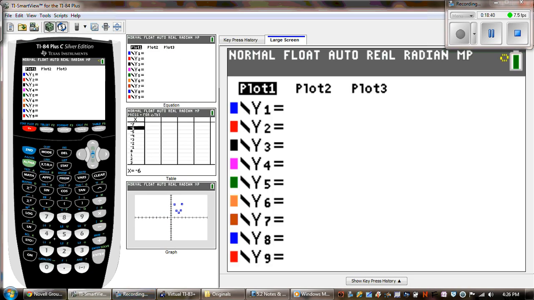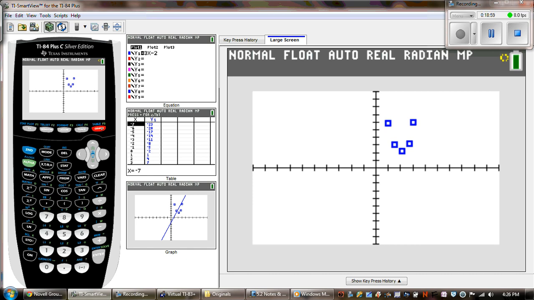I'm going to go to y =, in our first equation we had 3x - 2, and I would just go down to the next one, and that's -x + 2. Okay, just remember that there is a difference between a negative and a subtraction sign.